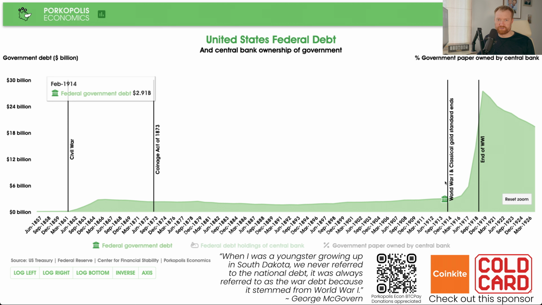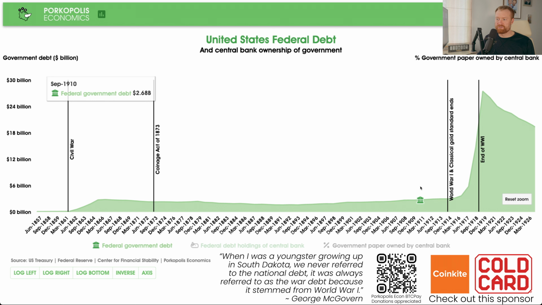As I mentioned, wars typically cause the most public borrowing ever. There are many famous quotes about this. We can see here that the federal debt, the public debt of the United States, made its way back up in the latter part of the 1800s and the start of the 20th century to over $2 billion again.